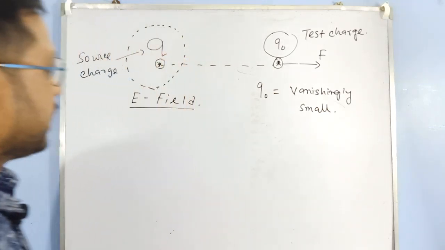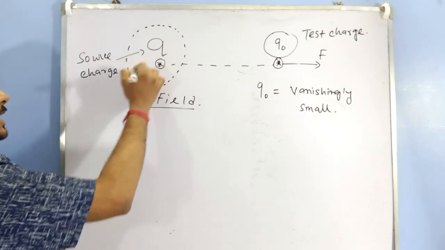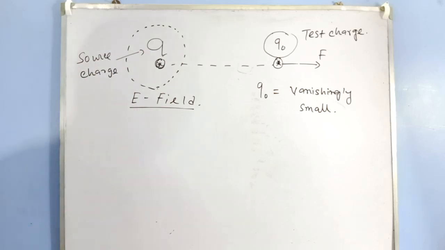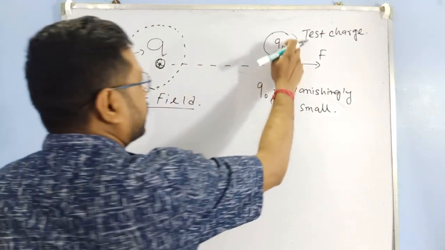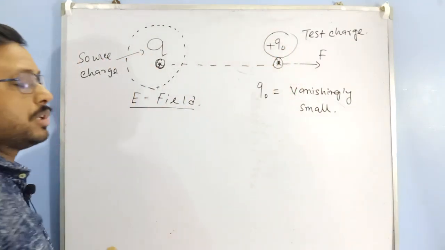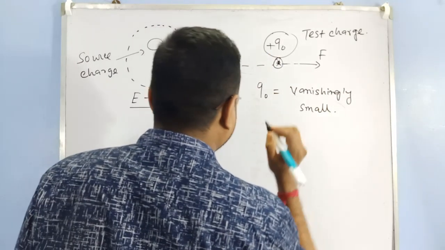So in a word, if we put a charge, whether it is plus Q or minus Q, it exerts a force on a unit positive charge, which is called the test charge, and this is called the electric field.